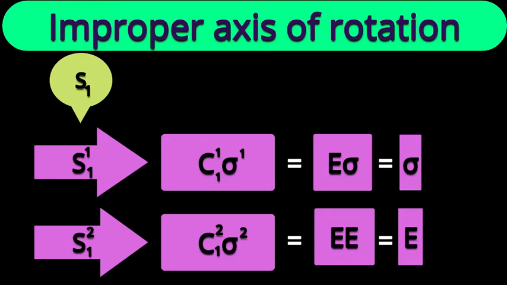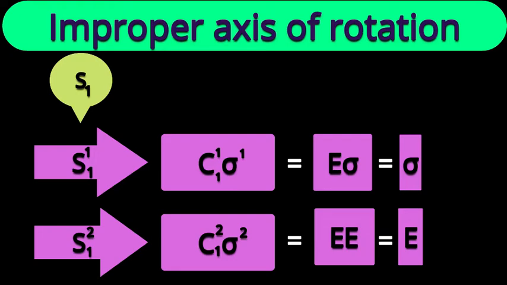First operation around an axis of order 1, and then reflection, first operation. The superfix is the number of operations, and the suffix is the order. So what is the meaning of C1^1? Identity. Sigma^1 means just a reflection. So after simplification, S1^1 is equal to sigma, a plane of symmetry.